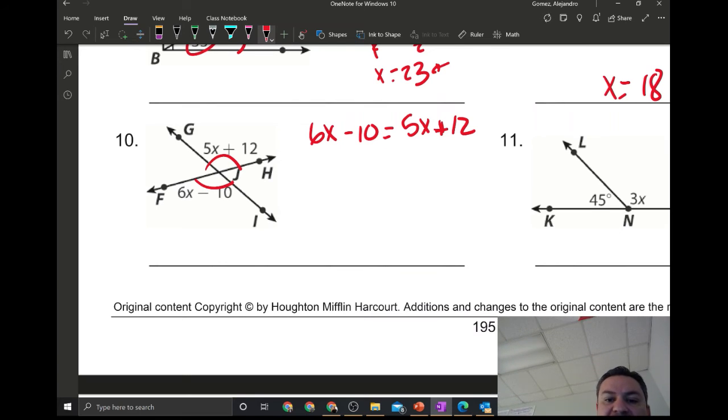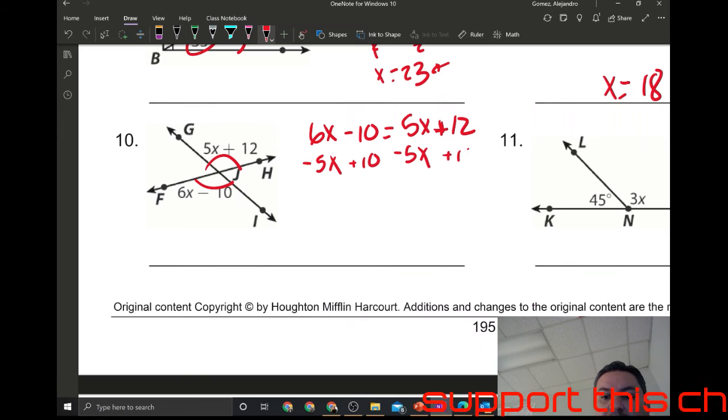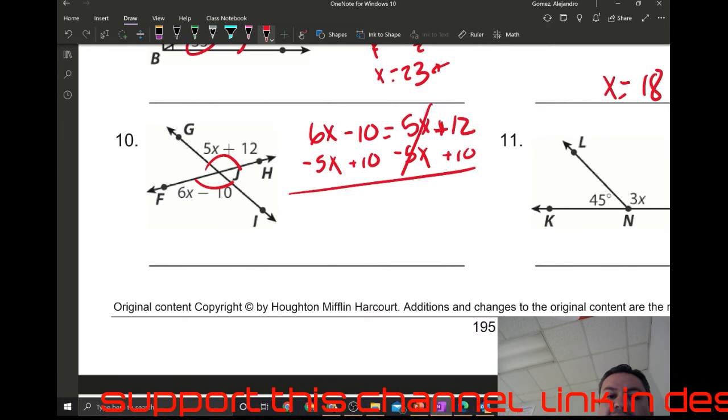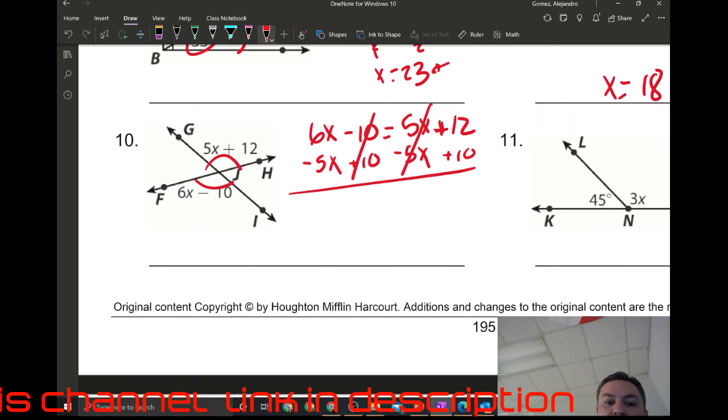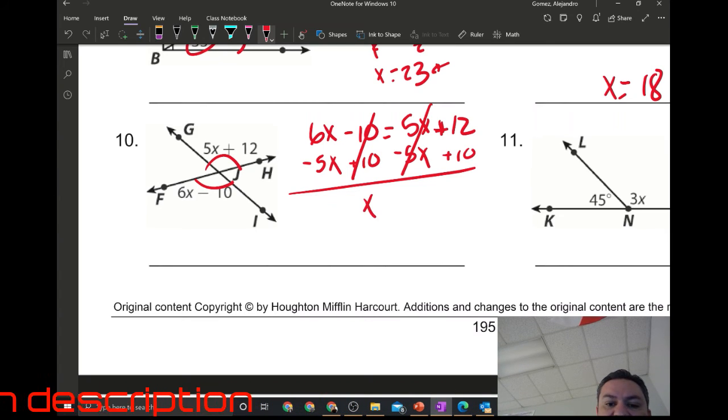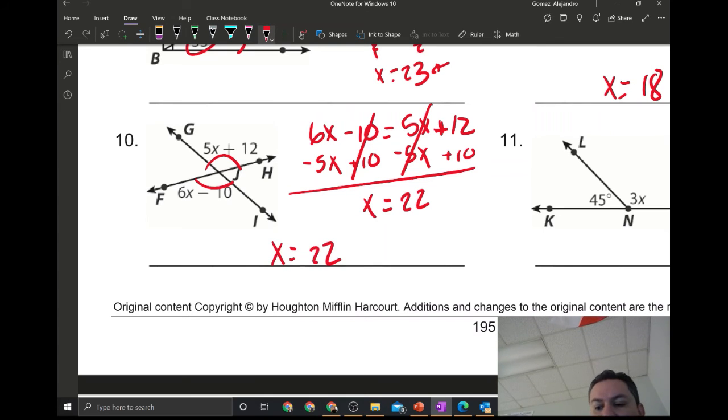I'm going to move my x's to one side, and I'm going to move my numbers to the other side by doing the opposite. This will cancel out, this will cancel out. 6 minus 5 is just x, and 12 plus 10 is 22. So the value of x equals 22.